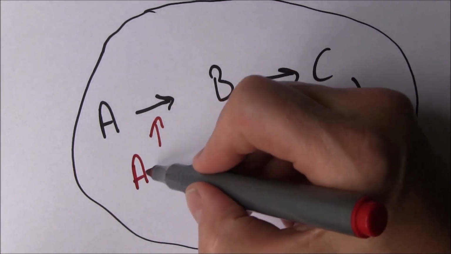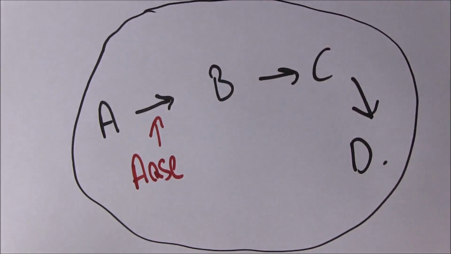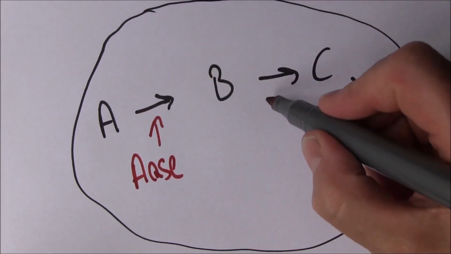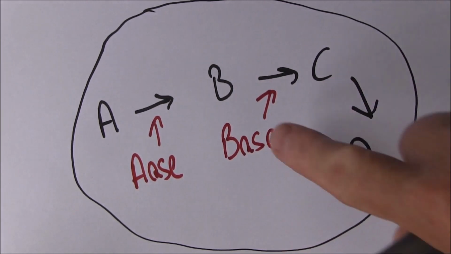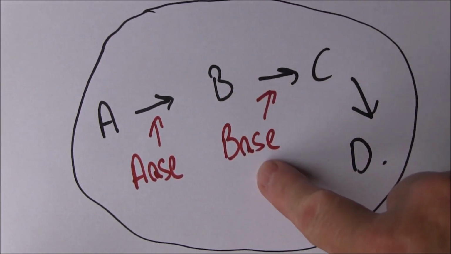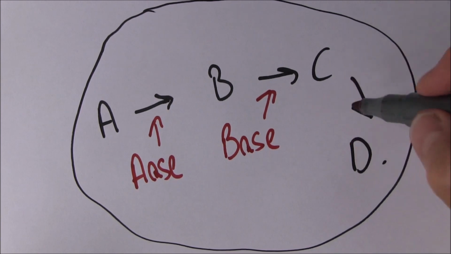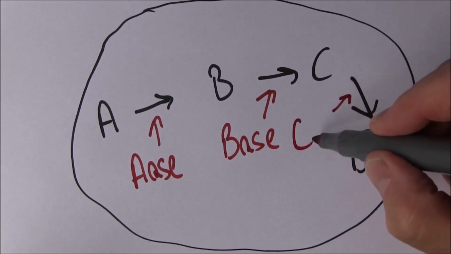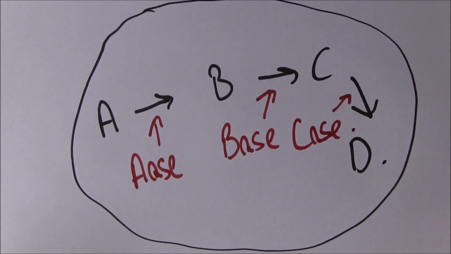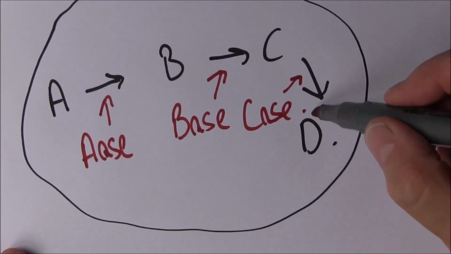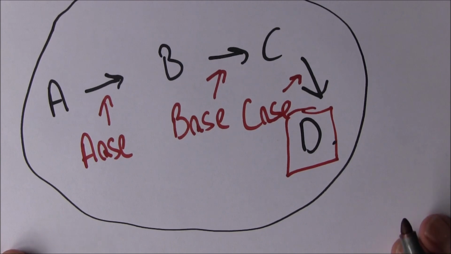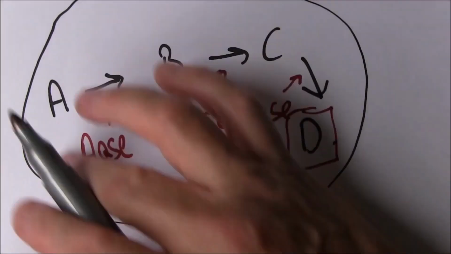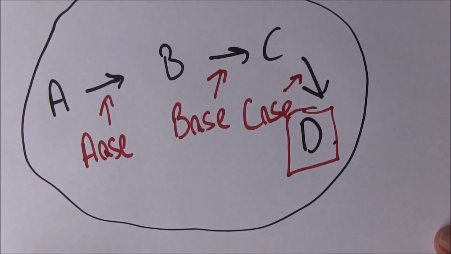So that would be Aase there, broken down by Aase. This next step will be facilitated by Base, because B is now the substrate, and -ase means enzyme. That step will be facilitated by Case to get the final product we want, which in this case is D. So these would be intracellular enzymes working within the cell.